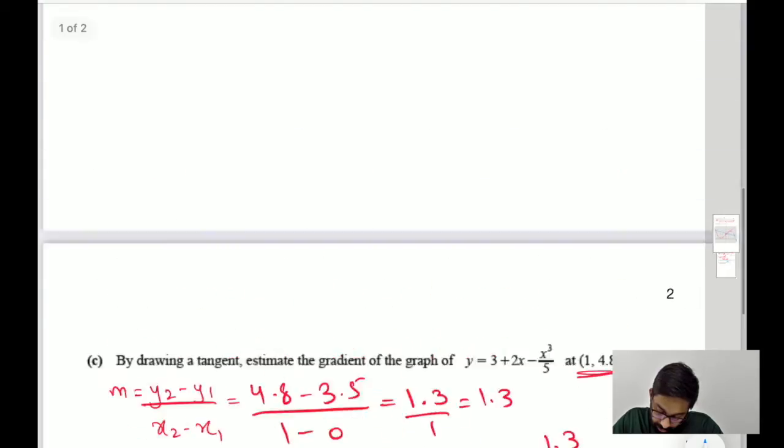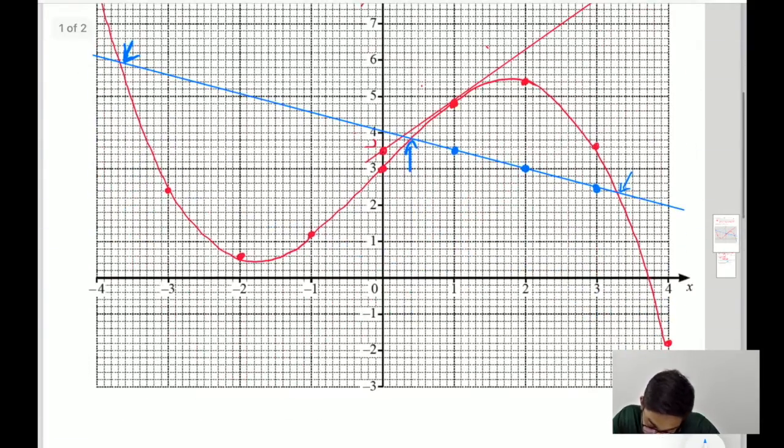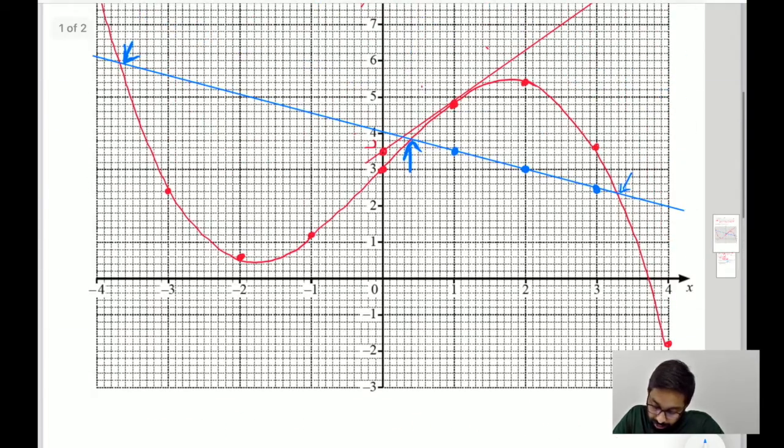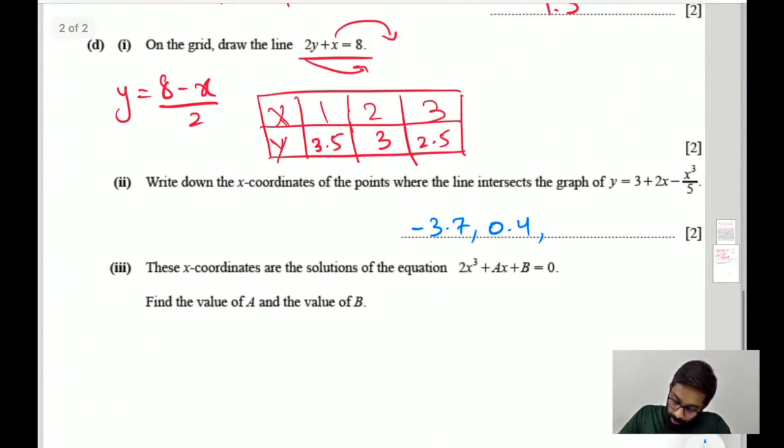The next coordinate is going to be this one right here, and we can assume this to be 1, 2, 3, 4. So it is going to be 0.4. And the last x coordinate, which is right here, is going to be 3.3. Perfect. So these are the 3 values of x coordinates.